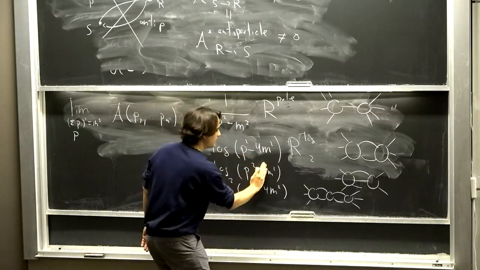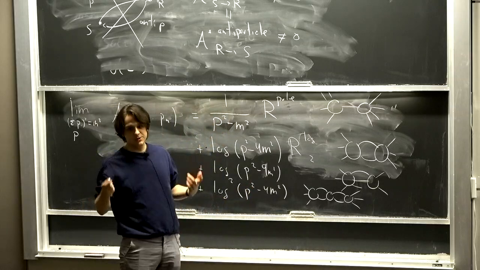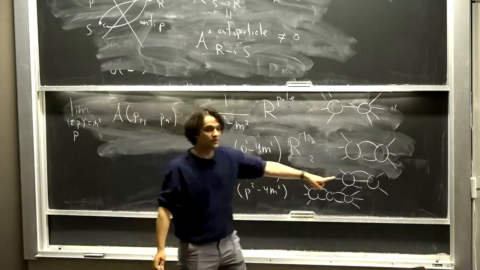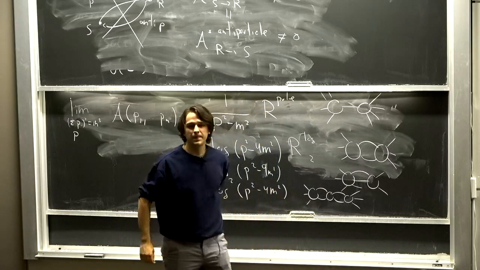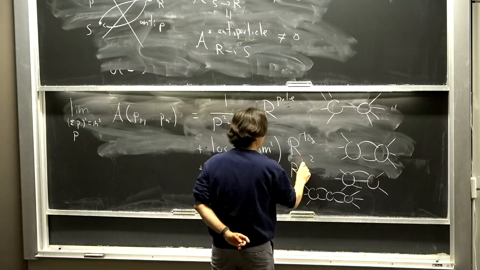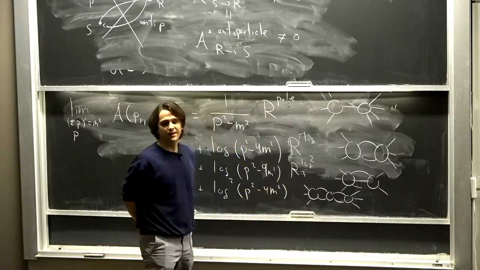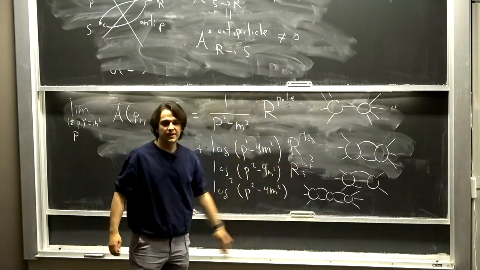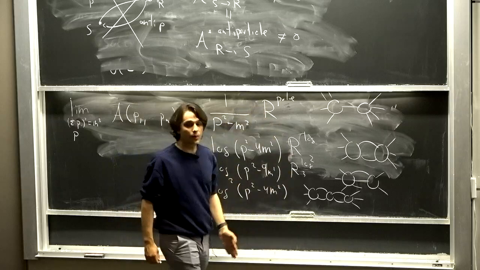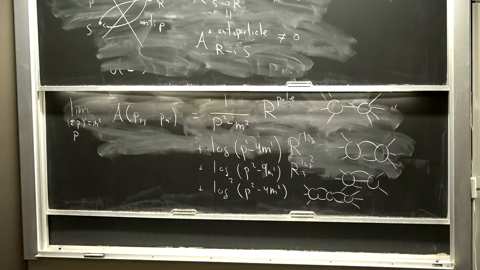This is p squared minus 9m squared, which is 3m all squared. So here you have 3 particles in the intermediate state. Yeah, there's a log and a log squared. So there's always some residue. And the important thing is that those residues are always constrained by unitarity. Okay? And they're given in terms of lower point processes.